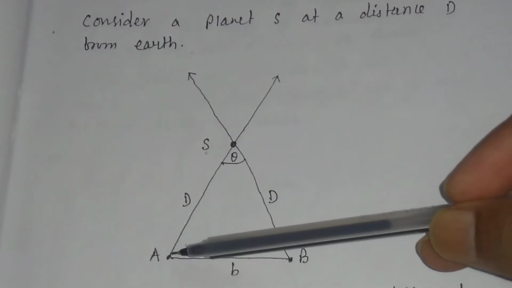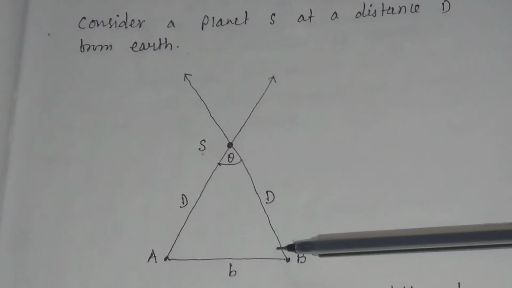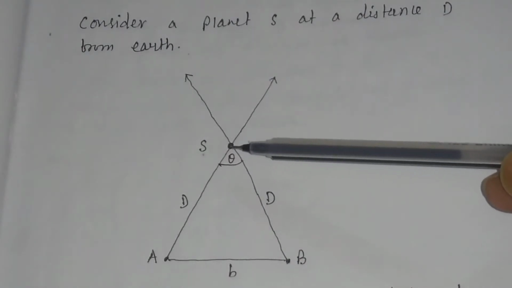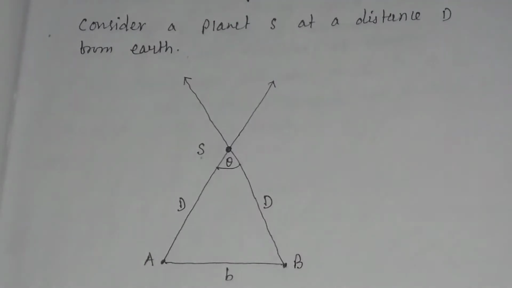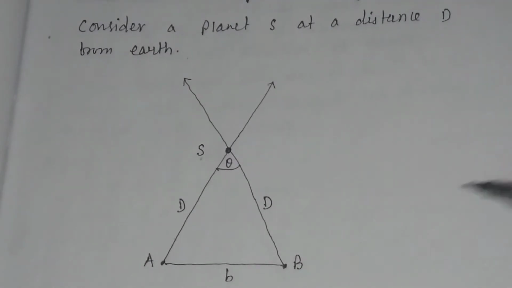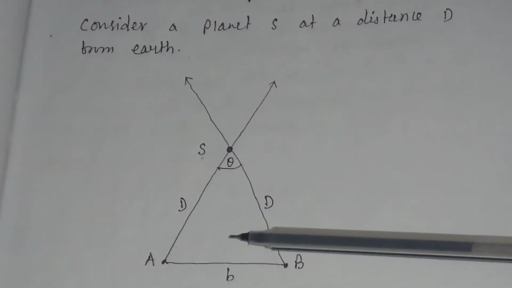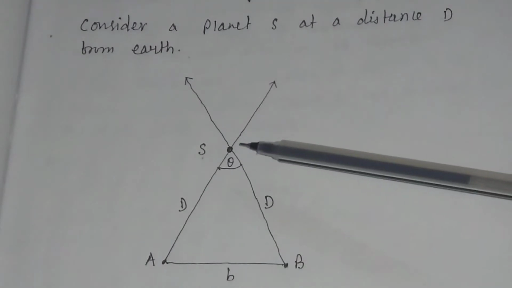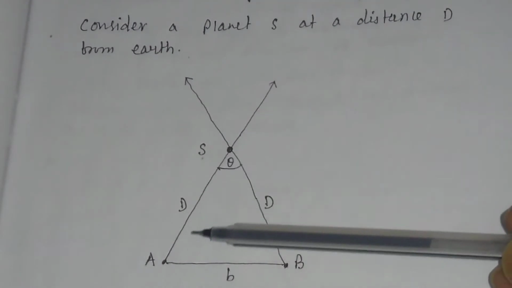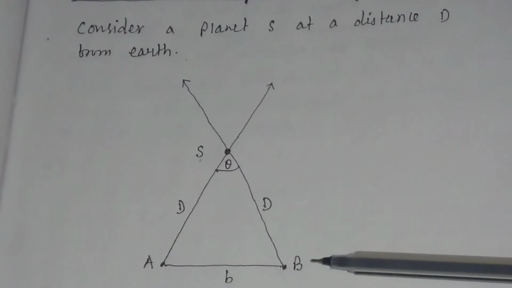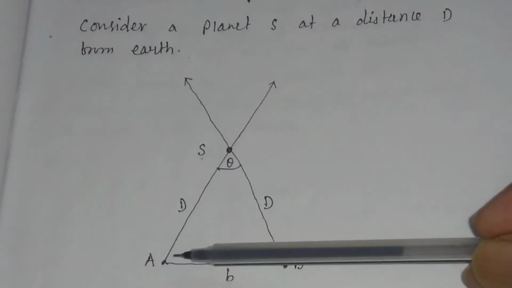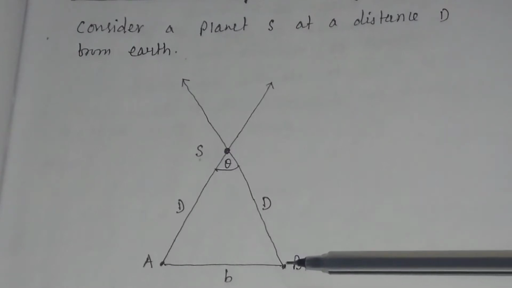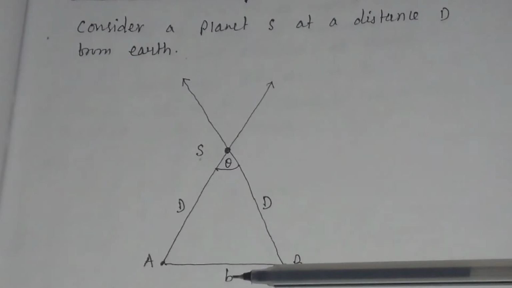Suppose this is your position on Earth and you have a planet S at a distance d from Earth. We observe the planet from two different positions A and B on the Earth's surface. Suppose the two positions A and B are separated by a distance b.